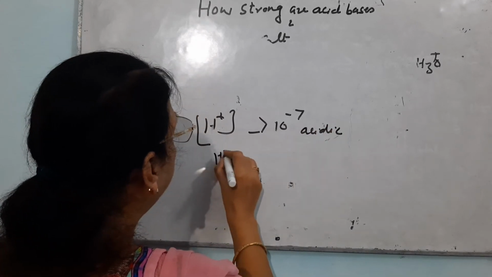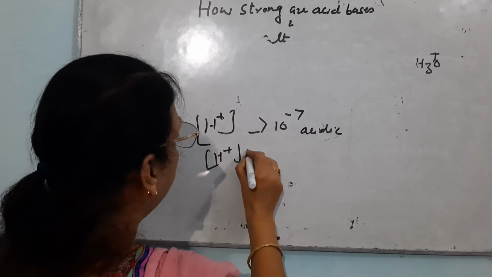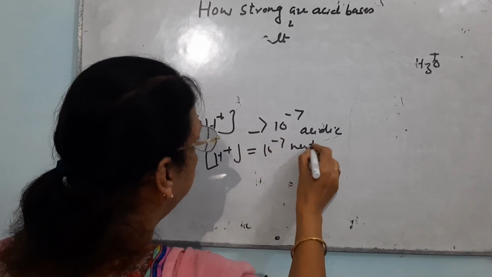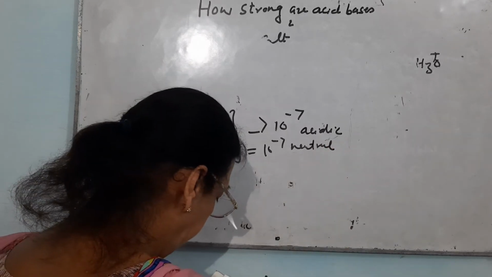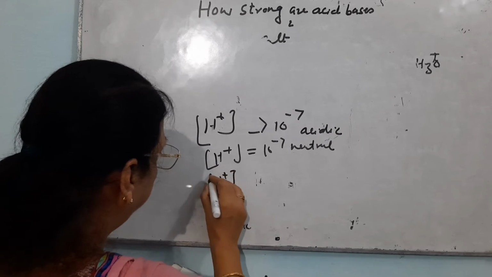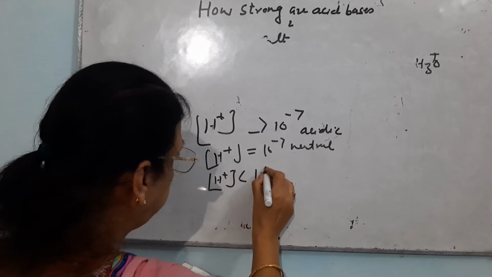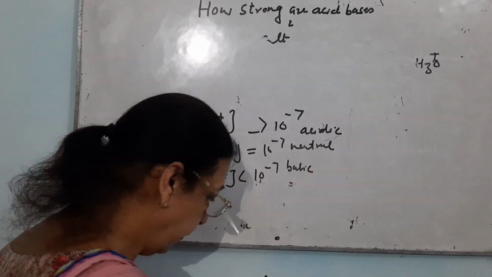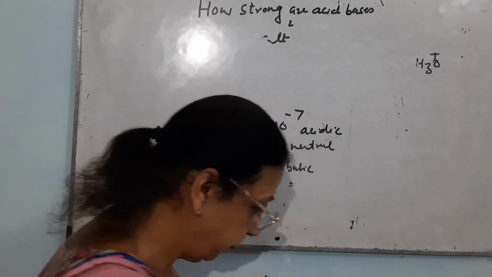If the hydrogen ion concentration is equal to 10⁻⁷, then it is neutral. And if the hydrogen ion concentration is less than 10⁻⁷, it is basic. So in this manner you can calculate.